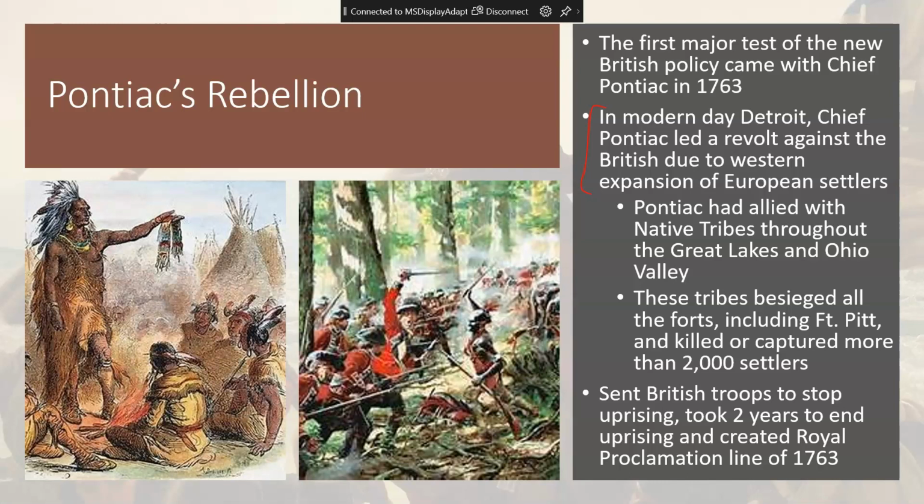But now, when they lose that war, the English want to take over and send people in there. He's not having that. So he starts going on a killing spree with a lot of different tribes. And this even causes issues for the British military to put down. It takes 2 years to fully end this revolt.